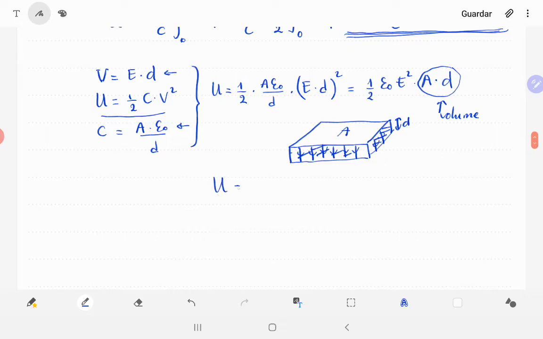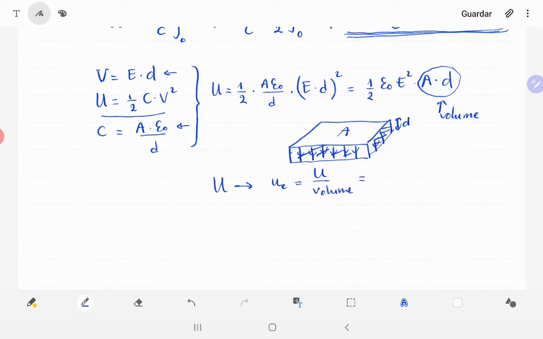So with this U we can look for an energy density of an electrostatic field. So I'm going to call that small u sub E, and that's going to be the energy density of an electrostatic field. And I'm going to define it as the whole energy divided by the volume where it is stored.